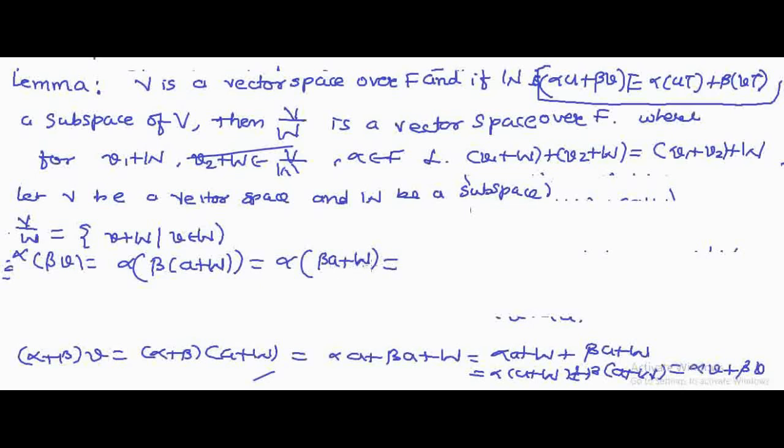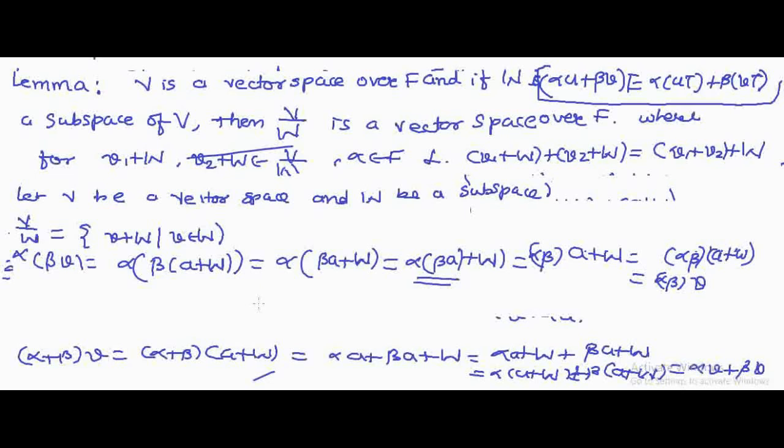Again scalar multiplication, alpha into (beta a + W) equal to, but these are elements of vector space, and by the definition of vector space this condition is satisfied, alpha beta into (a + W), or this is nothing but alpha beta into v.